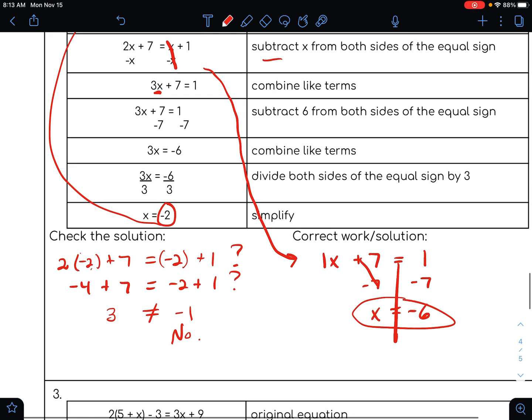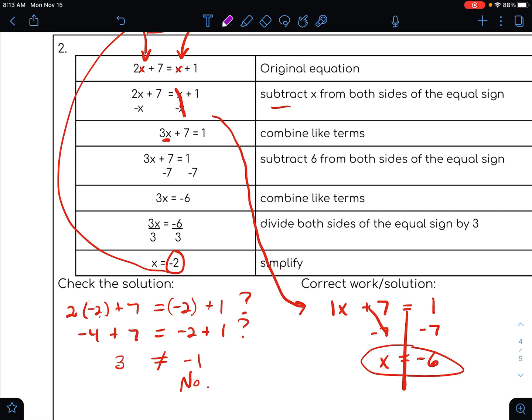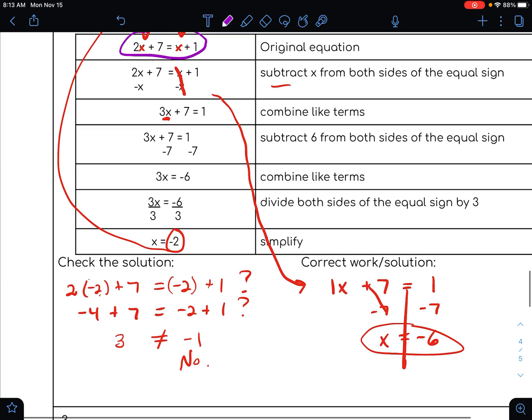Should we just double check that? We'll use a different color here. Let's check negative 6 back up here in the original equation. So that would be 2 times negative 6 plus 7.